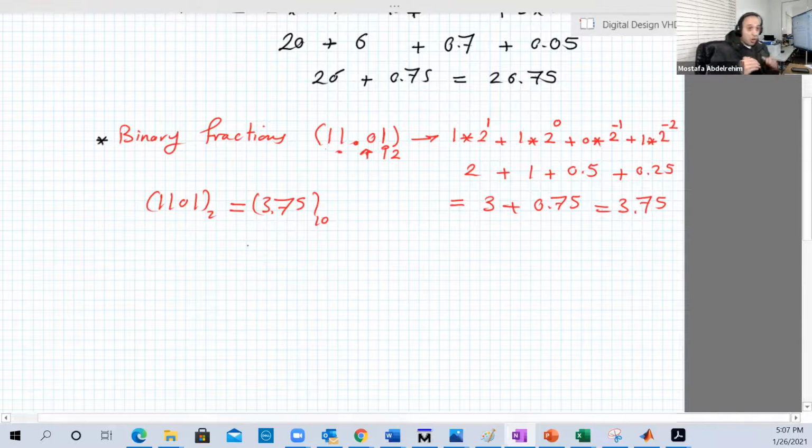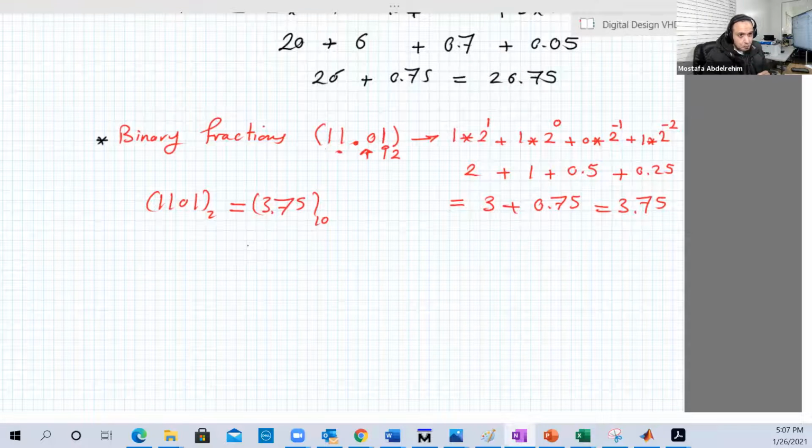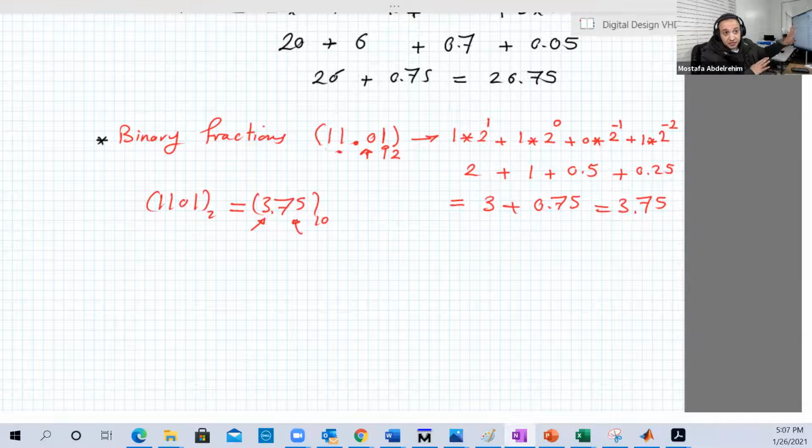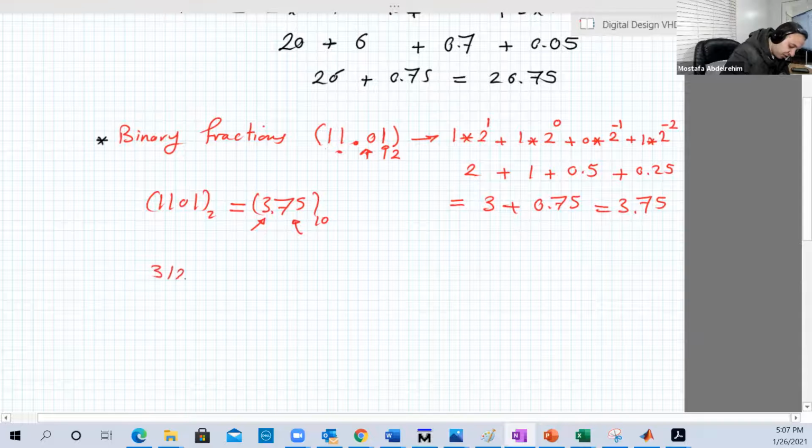What we are doing here is that we deal first with the integer part, then the fractional part. For the integer part we will do the same as what we did last time. So 3 we're going to divide by 2. 3 divided by 2 gives a quotient of 1 and the remainder is 1.